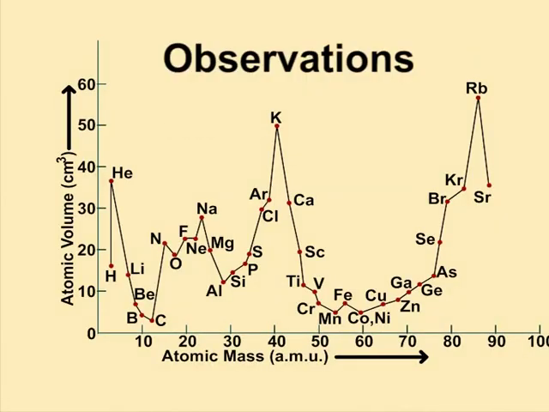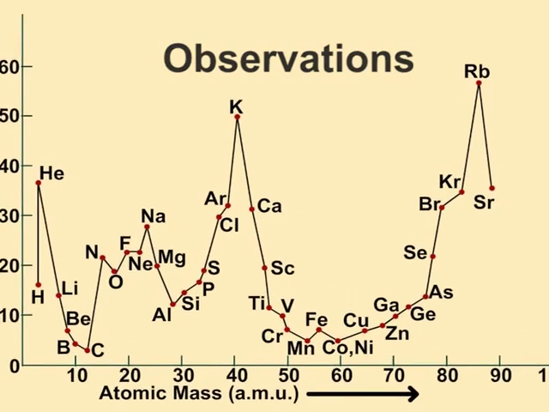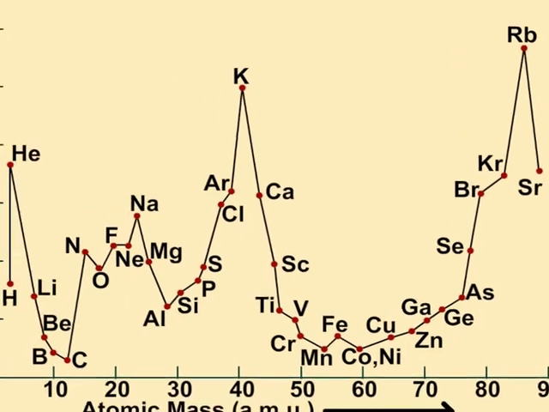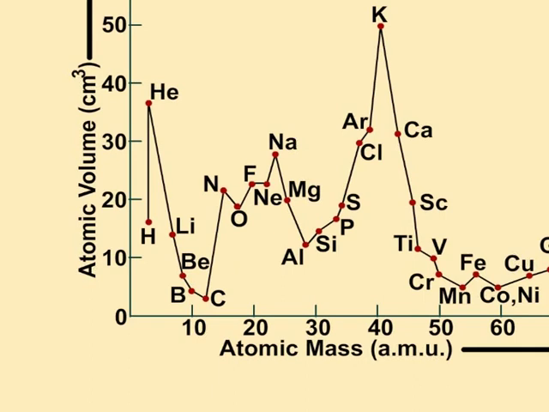Observations. The most electropositive alkali metals like sodium, potassium and rubidium occupy the top position on the curve. The less electropositive alkaline earth metals like beryllium, magnesium, and calcium occupy the descending positions on the curve.